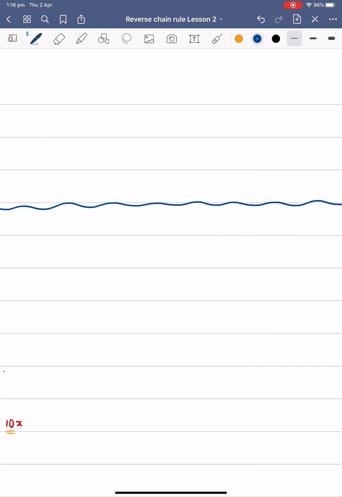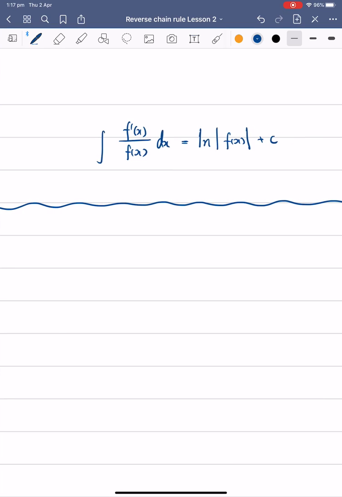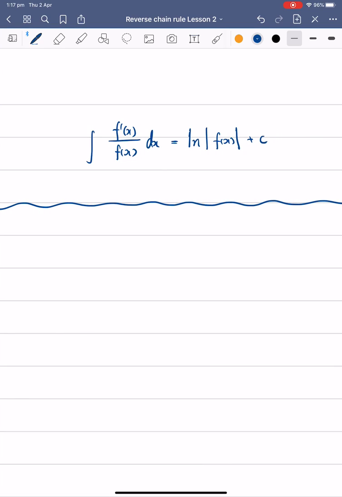The formula is: integrate f dash x on the top over f(x) dx, and the integration of that is going to be ln of the absolute value of f(x), plus c. Now, it's really important why it's the absolute value. You can check out my later videos and I'll explain to you why it's the absolute value.